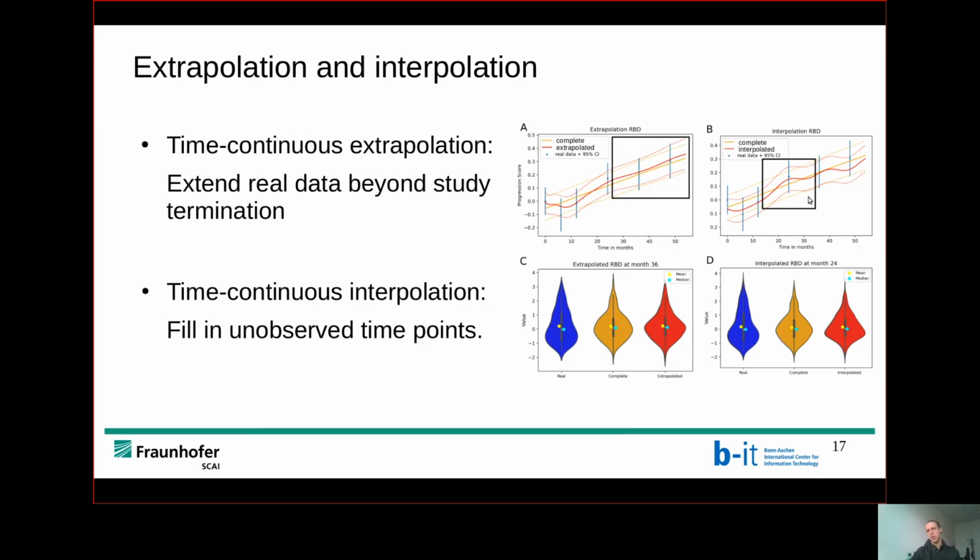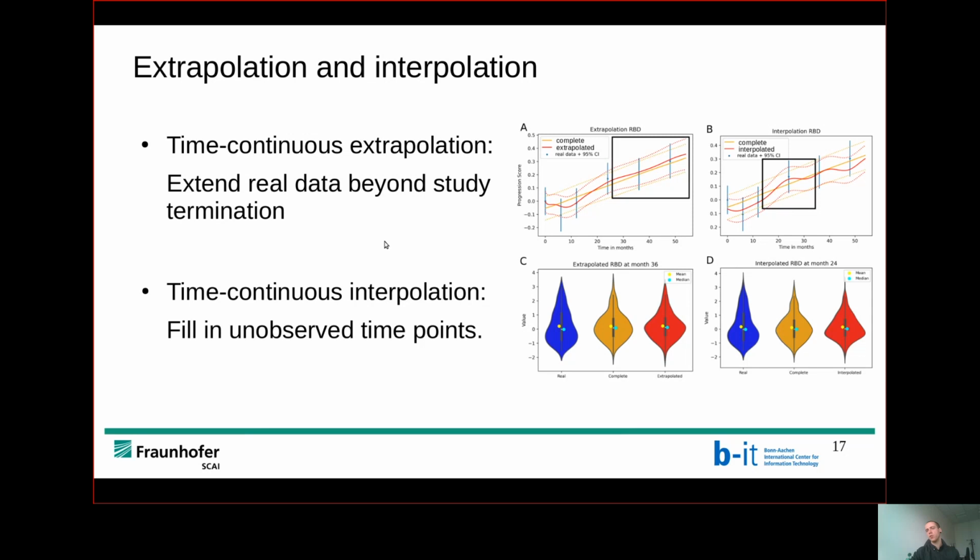For the interpolation setting, we took the time series and left out 1 intermediate visit during model training, and then generated data also for this intermediate visit. And here again in red, you can see the generated data. And in the box, we can see that, again, the red generated data here is hugely overlapping with the real data indicated by the blue bar.